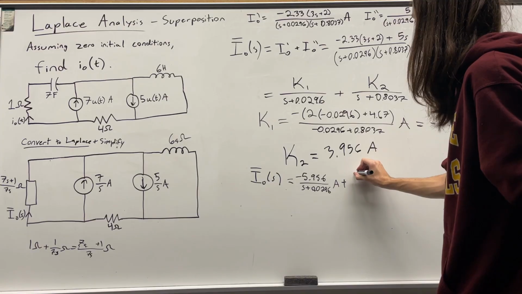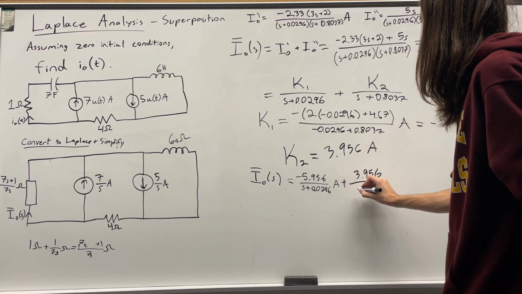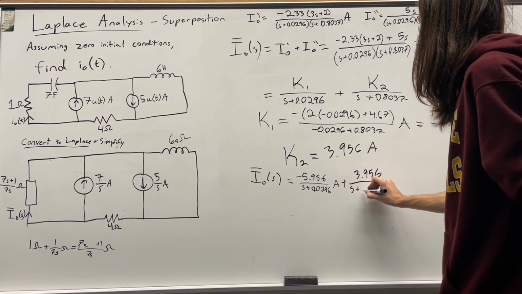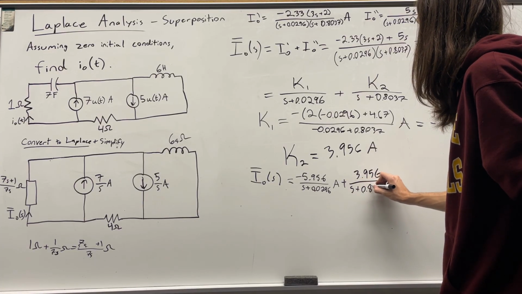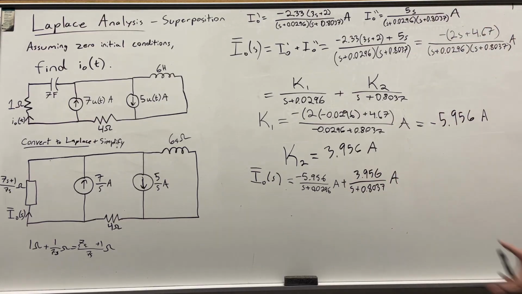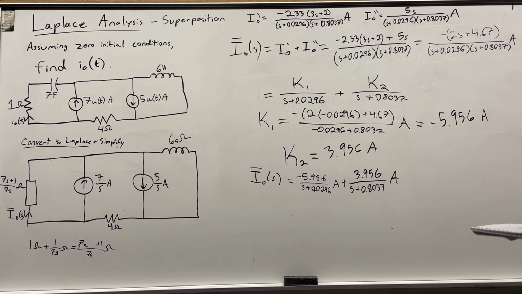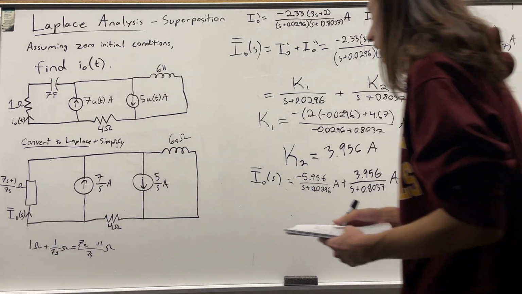plus 3.956 over S plus 0.8037 amps. So now we can just take the inverse Laplace of this, and that'll give us our final answer for I naught of t.